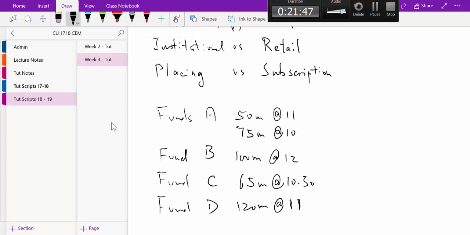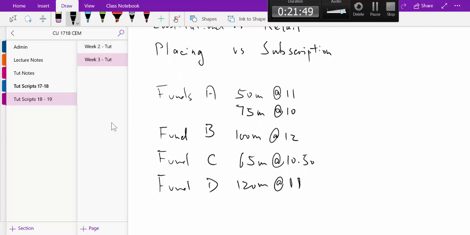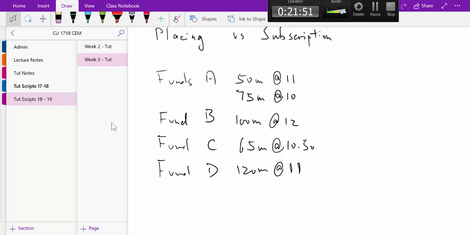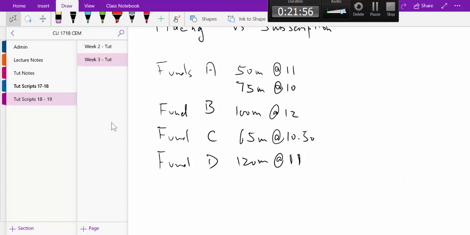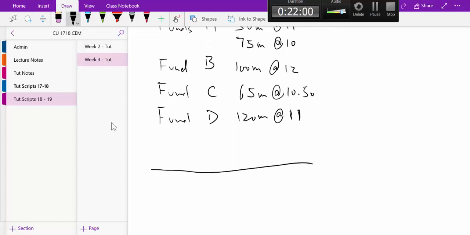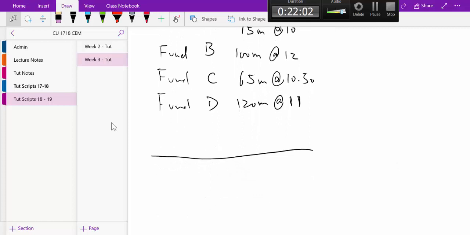Okay, now these are orders or indications of interest. So when you add them all up, I don't know how many funds you're going to get, maybe hundreds, thousands. When you add them all up, you don't know what number will be here, but hopefully it would exceed the number of shares that are on offer.